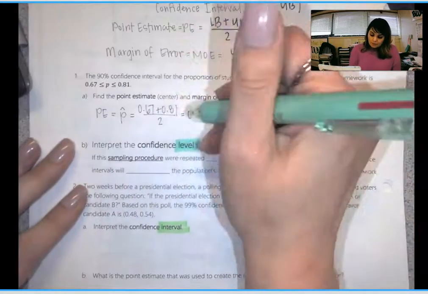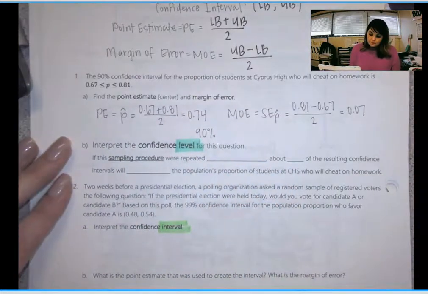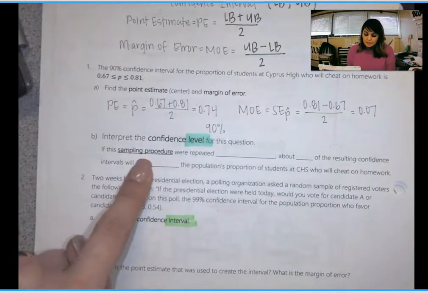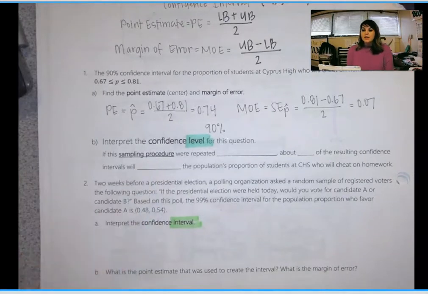So here's how you interpret confidence level. And remember, in this problem, it was 90%. If this sampling procedure, so sampling procedure is just if we took these samples many times.